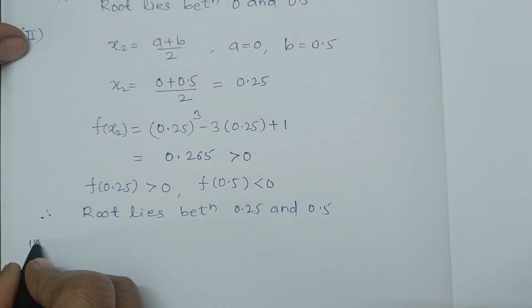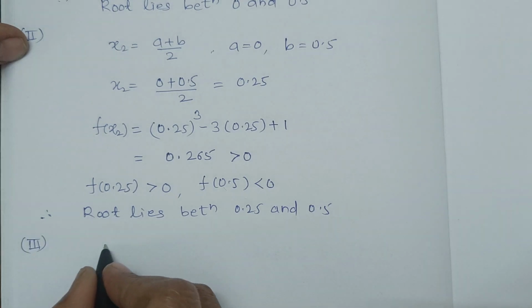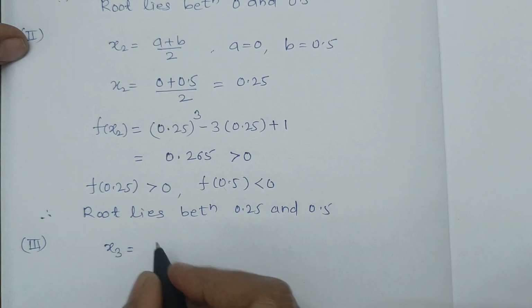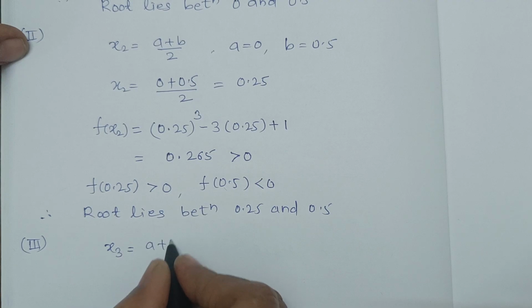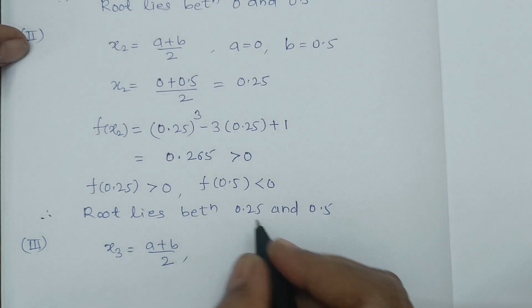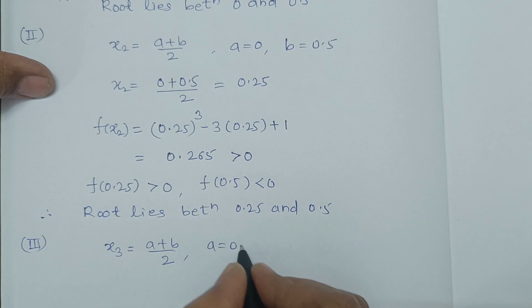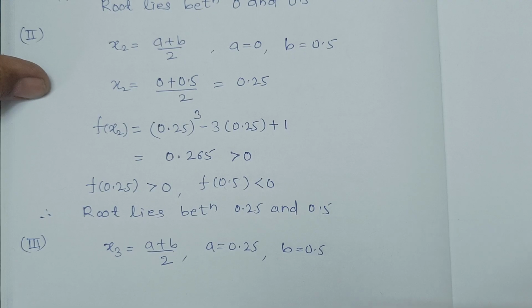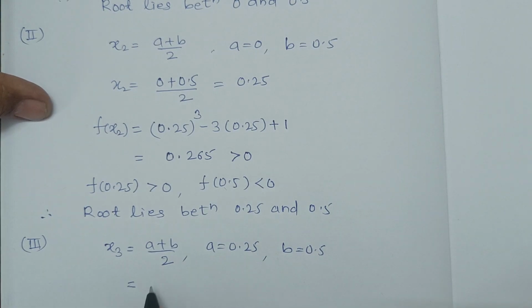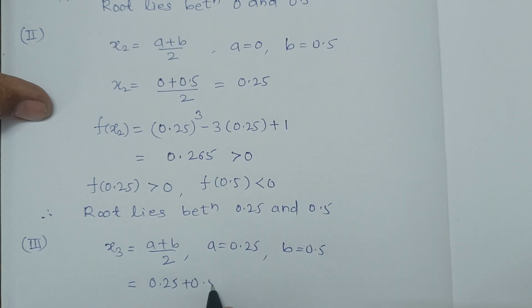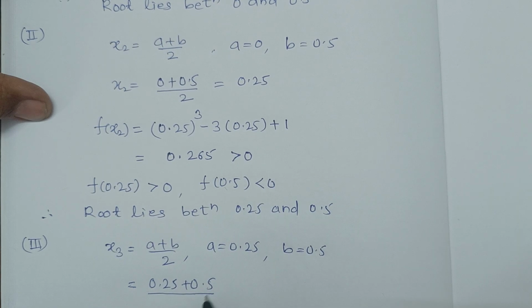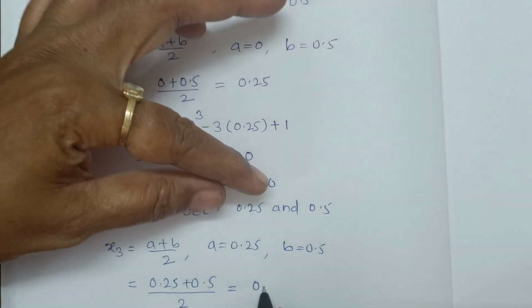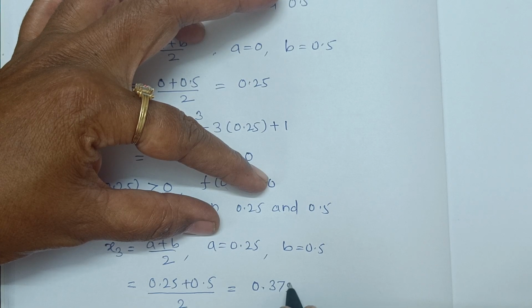Therefore, third iteration, x3 is equal to (a plus b) divided by 2. a is 0.25 and b is 0.5, is equal to (0.25 plus 0.5) divided by 2 is equal to 0.375.